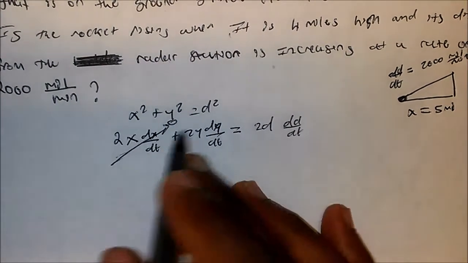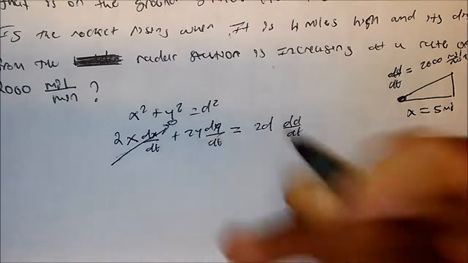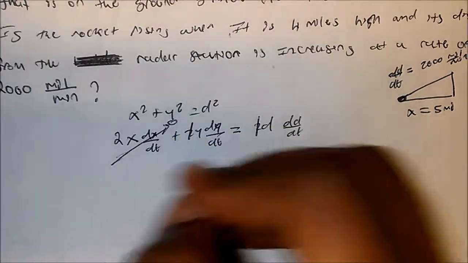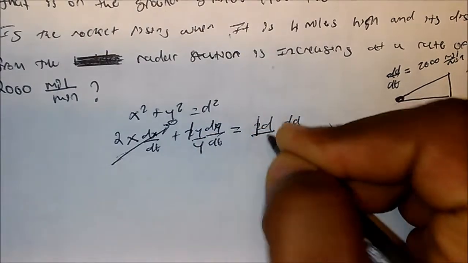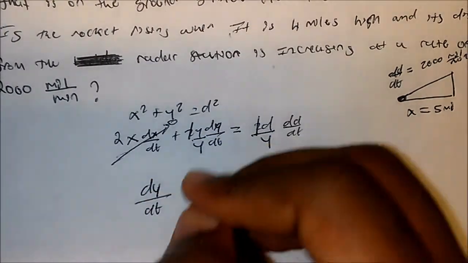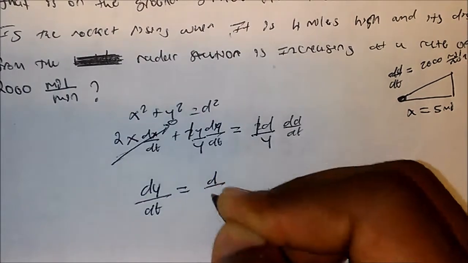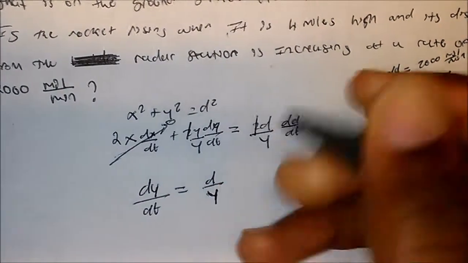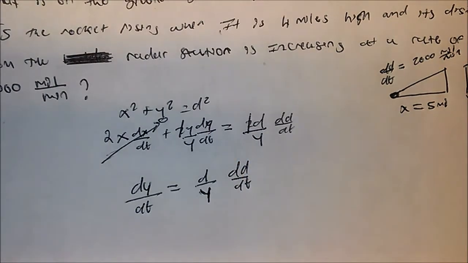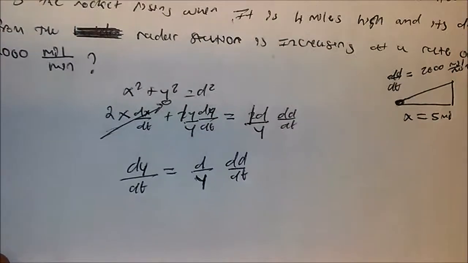All right? So we could divide by 2 on both sides and get these 2 to cancel out. And we could also divide by y on both sides, and we get our final answer to be something like this: dy dt is equal to d divided by y, dd dt, right? And now we're just plugging in our values.